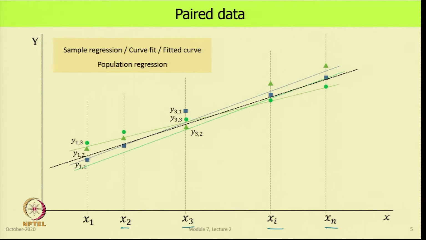So, this square represents the first experiment. So, if you have to make a legend, we can say that this is a square and this is experiment number 1, for which we have these data points. This is y2 for the first experiment, y3 for the first experiment, y4, yi, yn.